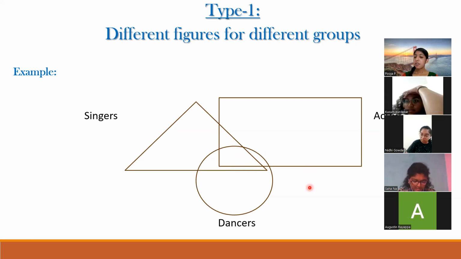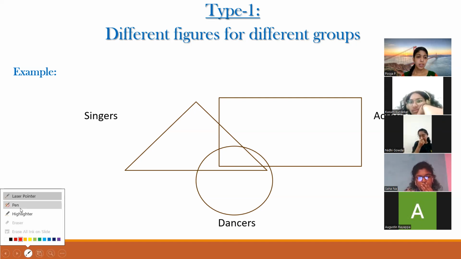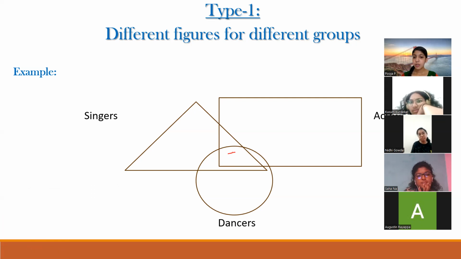Now, let us say 5 people belong to all the three, that is, the group of actors, singers, as well as dancers. So this region is 5, let's say, for example. And let us say that there are 3 people who are both actors and singers, just as an example.